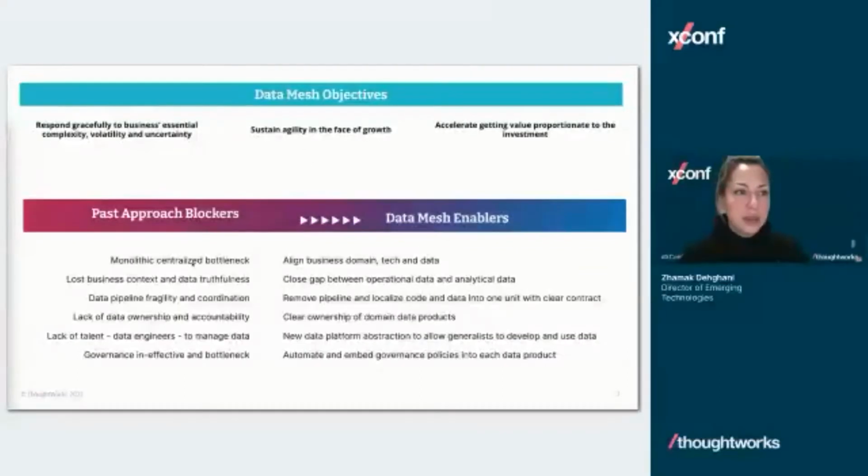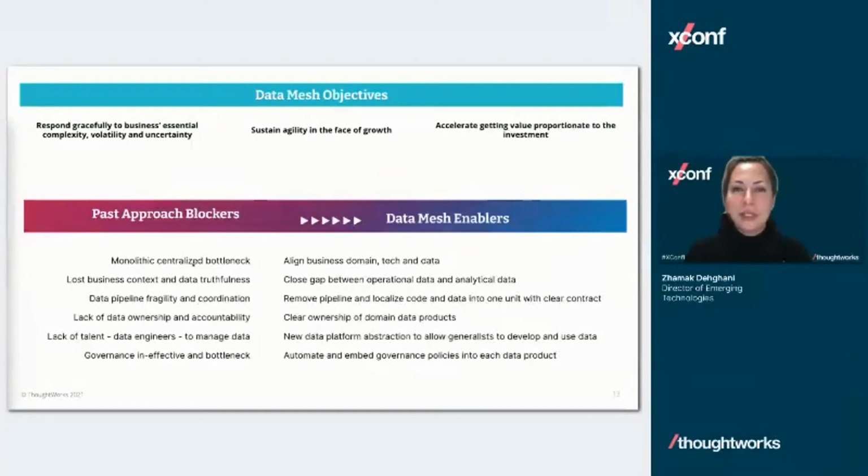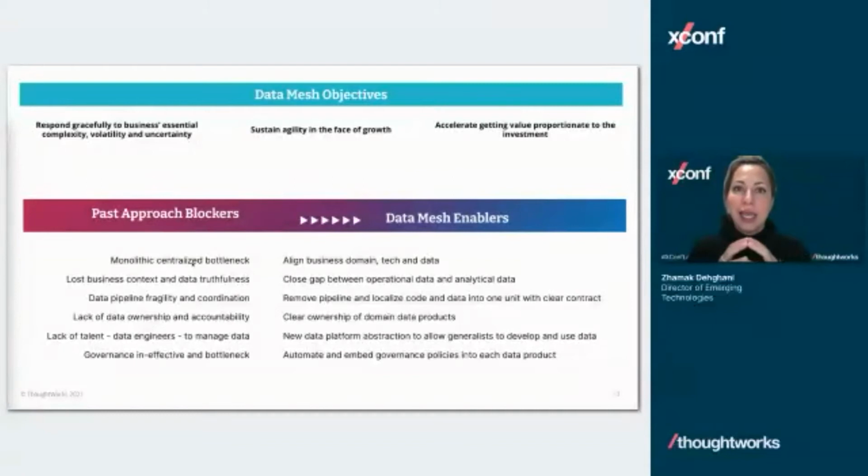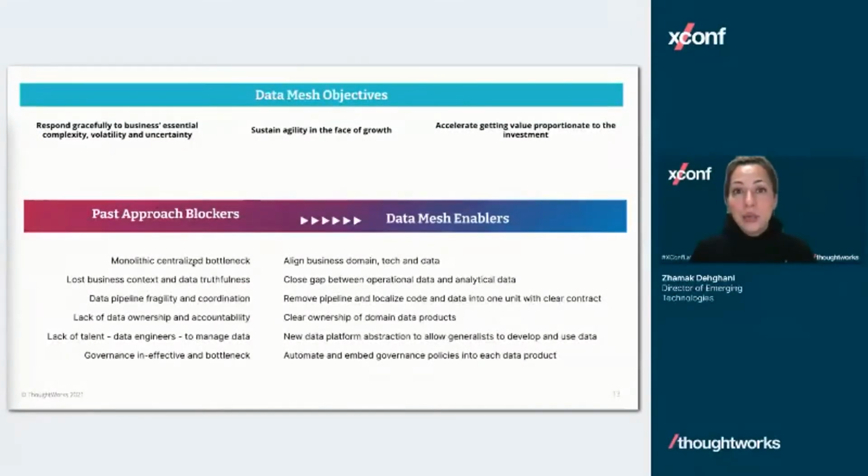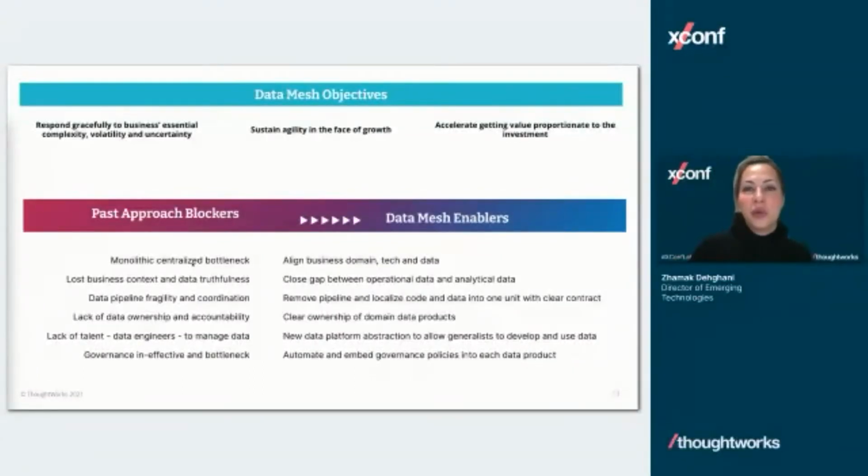We still want to respond gracefully to the volatility and complexity of our world. We want to sustain our agility when we are constantly growing. We don't want a system that slows down as we get more data sources or more use cases. And we want a system where the more money you put in, the more value you get out. Right now, it feels like we put in more money, but we don't see exponential or even linear growth of value.